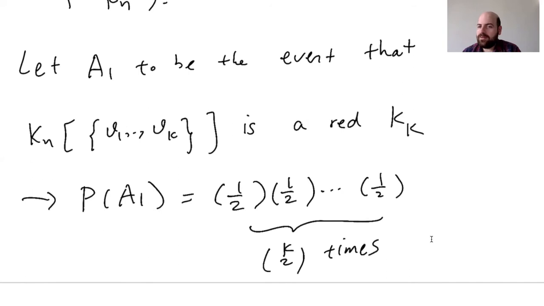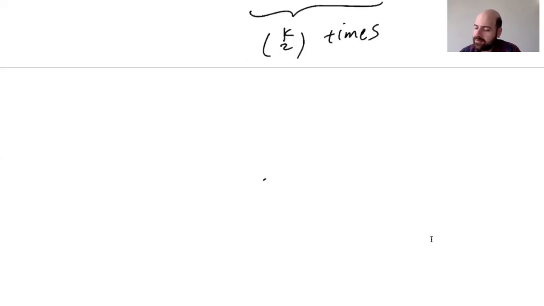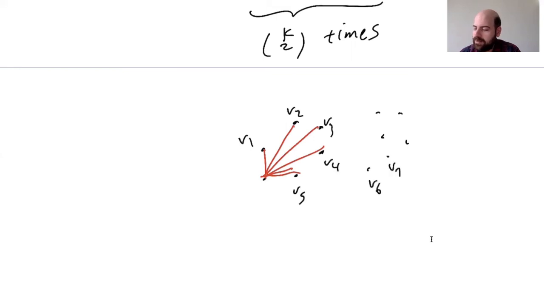So let me draw a picture for you here. Let's say this is the first K of them, and then there are some others as well here. So I want any two edges here, let's say V1, V2, and I have V6, V7, V8, V9, V10, V11.